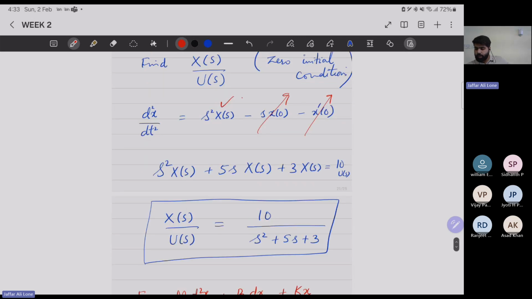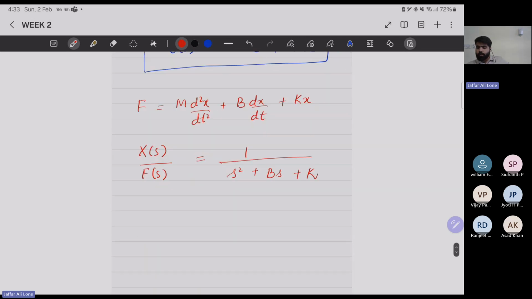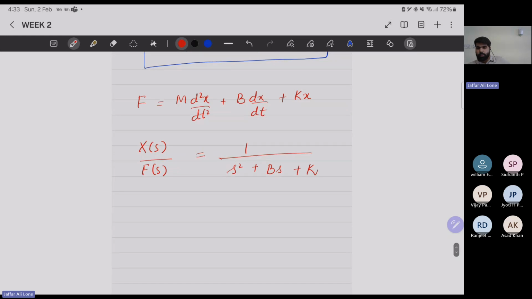Because it has the similar form as we have above. So any mechanical system, you can now easily find the transfer function of any mechanical system using this Laplace transform.